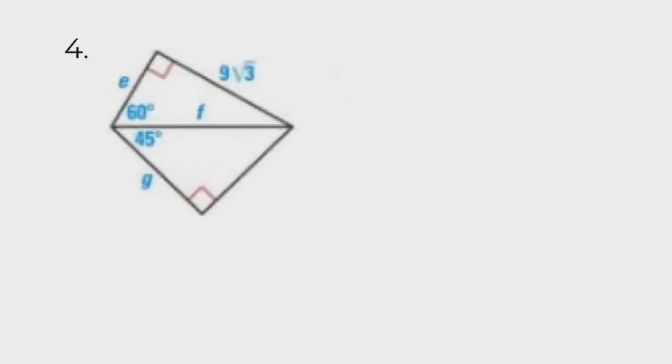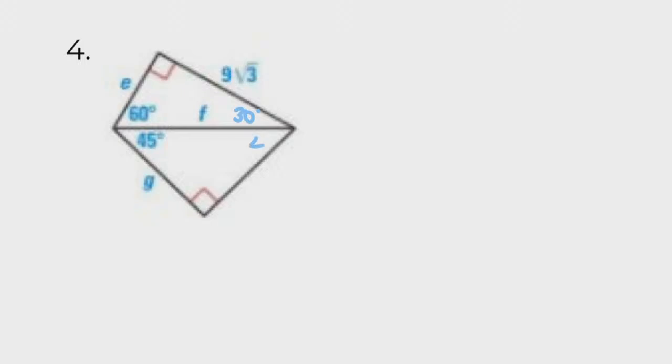Okay, and then here's the last one. So it's another 30, 60, 90 on the top and a 45, 45, 90 on the bottom. So the only number we're given is in the 30, 60, 90, so I'm going to start in that triangle. And we know that 9 rad 3 is across from the 60.